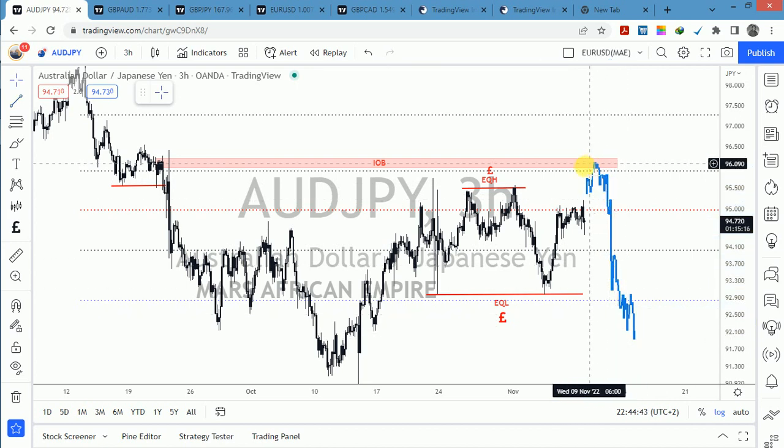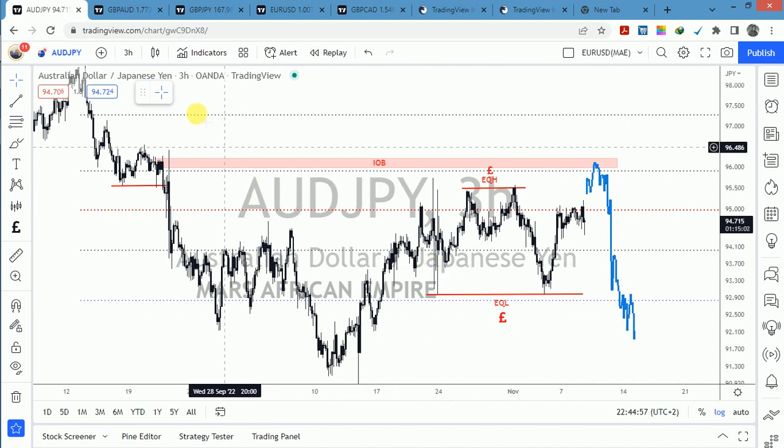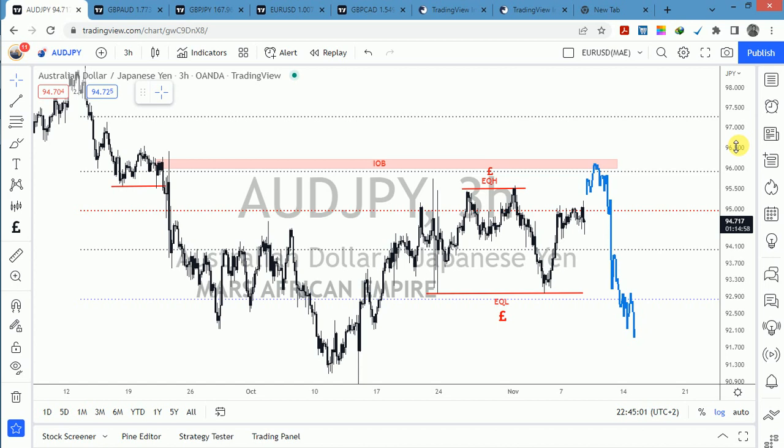So an entry at 96, stop loss at 96.3, and take profit at 92.2. That will be our setup for AUDJPY. I think there is nothing much on AUDJPY. We just need to take out those equal highs, and then we drop.